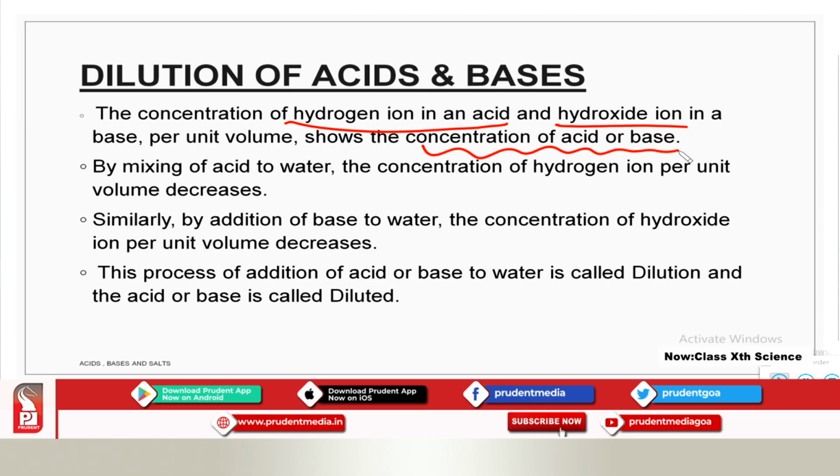By mixing acid into water, the concentration of hydrogen ions per unit volume decreases. Similarly, by addition of base to water, the concentration of hydroxide ions per unit volume decreases. This process of addition of acid or base to water is called dilution, and the acid or base is said to be diluted.